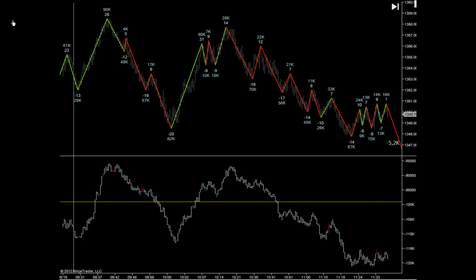So the first move down, we traded 48,000 contracts, and we moved down 12 ticks. Then we move up 5 ticks with 4,000 contracts of volume. That 5 tick move up is almost half the size of the move down, but it has 1/10 of the volume. So that is effectively a liquidity vacuum.